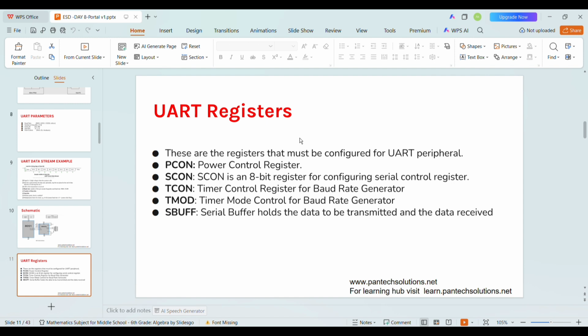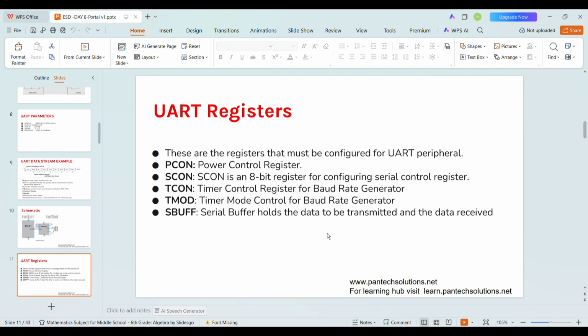The first one is the power control register, PCON. Second is the SCON, the serial control register, which is an 8-bit register for configuration. Next is the timer control register, TCON, which is used for baud rate generation, and another is the TMOD, the timer mode control for baud rate. The last one is SBUF, the serial buffer, which holds the data to be transmitted and received.